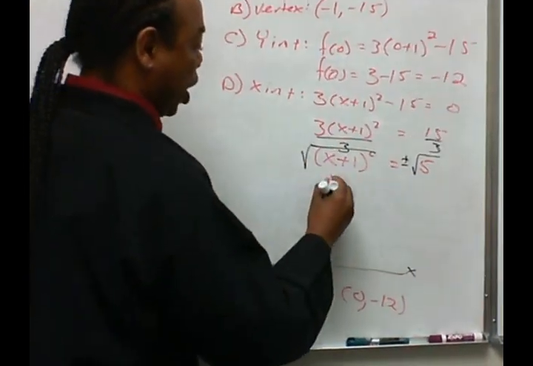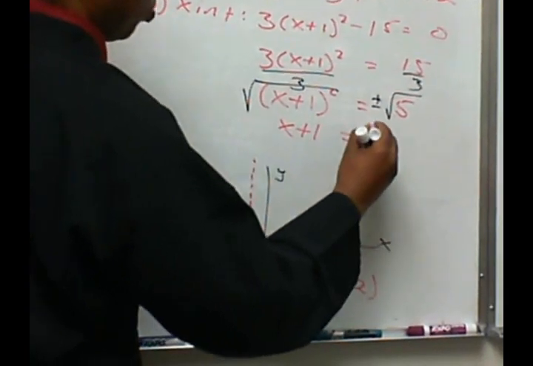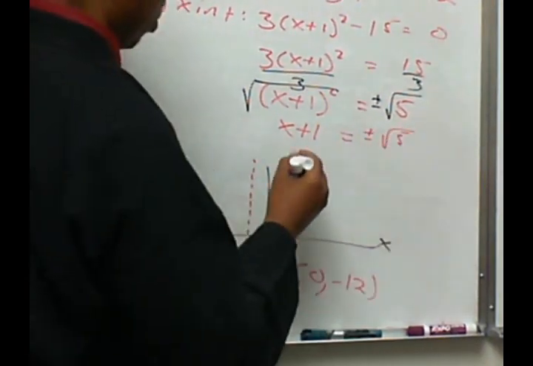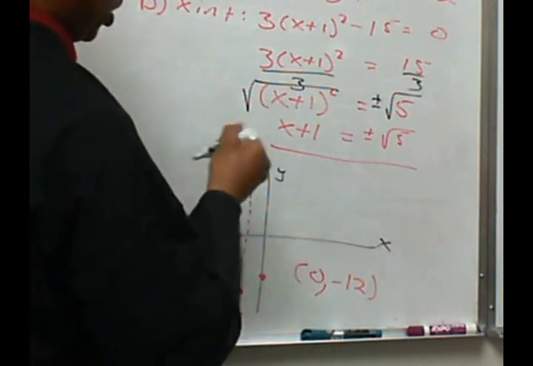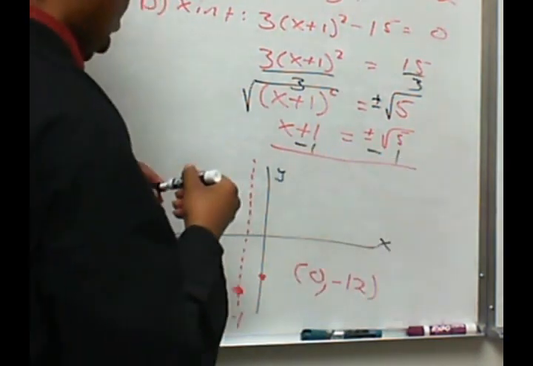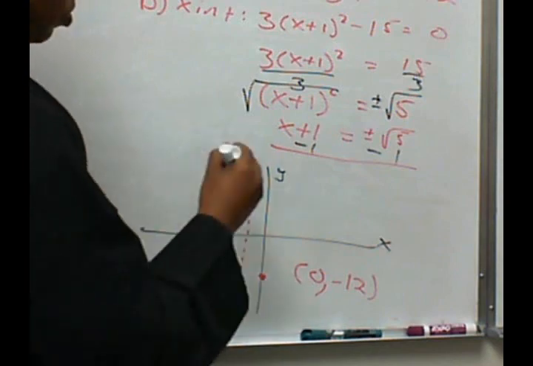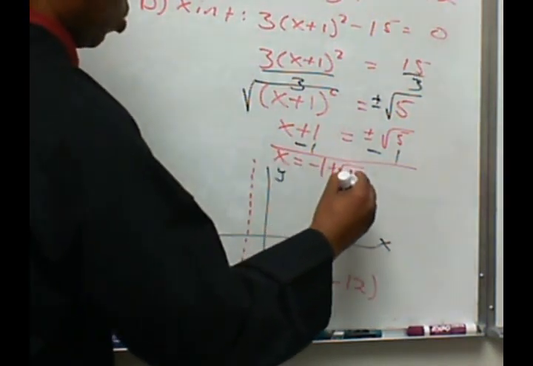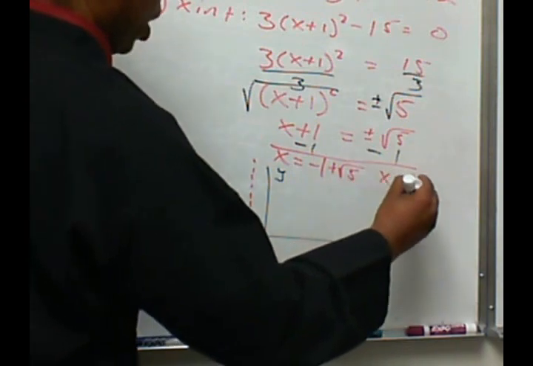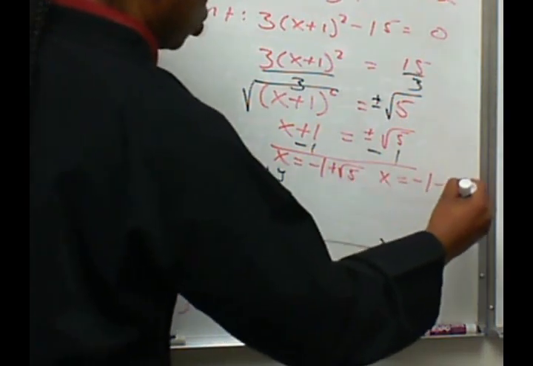What we have now is x plus 1 equals plus or minus the square root of 5. From there, I'm going to subtract 1 from both sides, and we have 2 answers. X equals -1 plus the square root of 5, and x equals -1 minus the square root of 5.